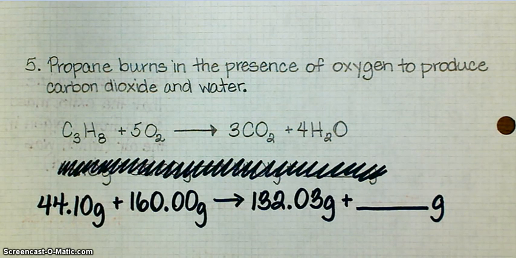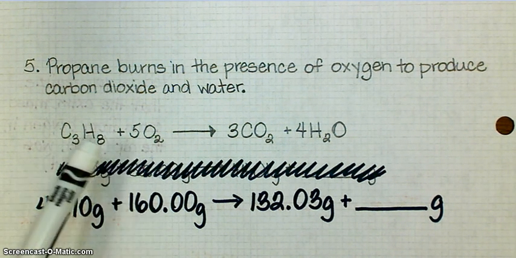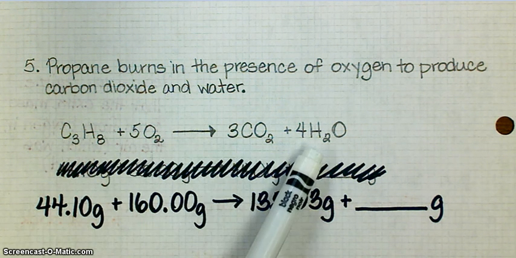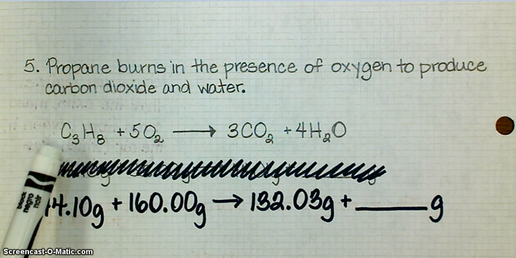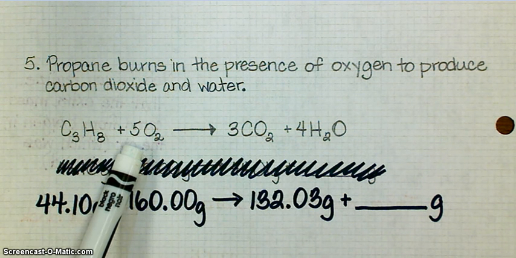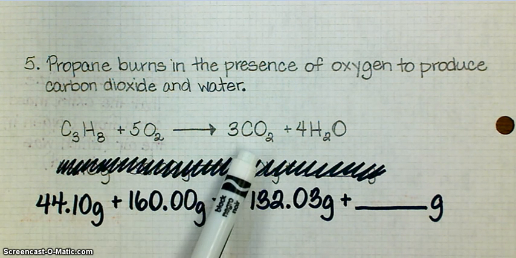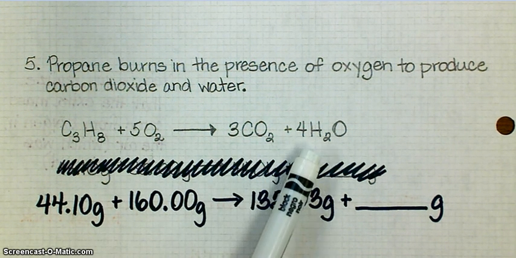All right, number 5 says propane burns in the presence of oxygen to produce carbon dioxide and water. So here's the formula for propane. And I've actually already balanced the chemical equation using coefficients. So 1 molecule of propane plus 5 molecules of oxygen gas produces 3 molecules of carbon dioxide and 4 molecules of water.